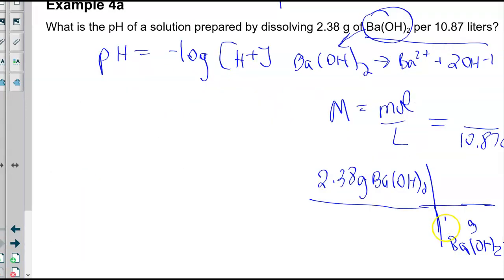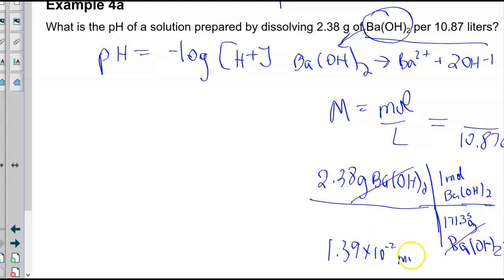So now back to the problem we were just working on. This is going to be 171.35 grams, so it has to be here so grams cancel grams to grams. The opposite of periodic table number is always 1 mole of the same chemical. So that gives us our moles, because we're going to cancel grams to grams. So 2.38 divided by 171.35, and we would end up getting 1.39, I'm going to round, times 10 to the negative second moles.